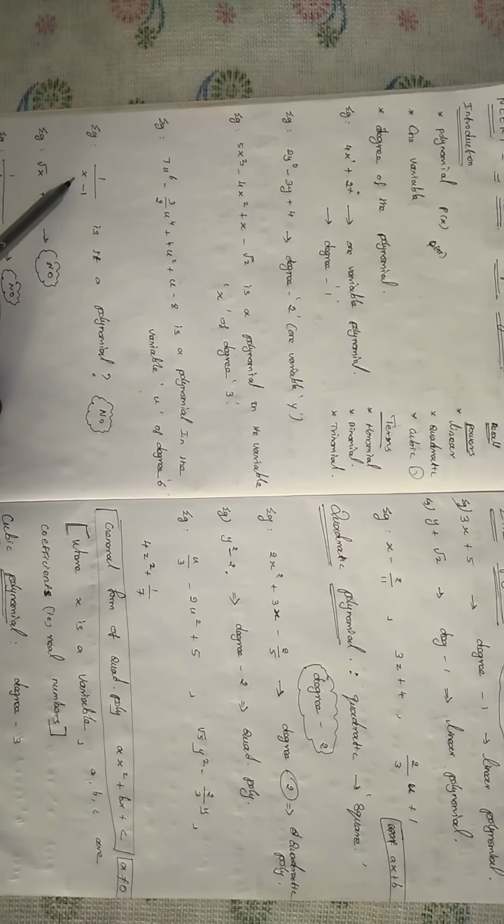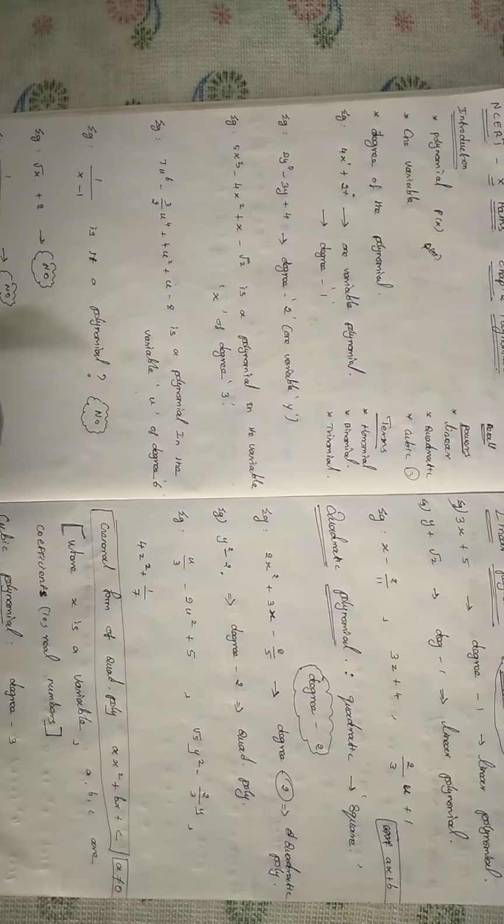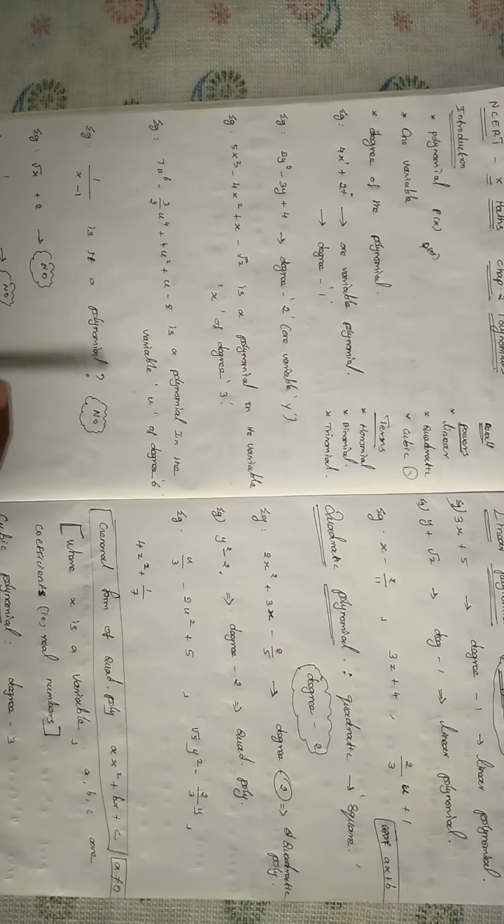Next. Now, 1 by x minus 1, is it a polynomial or not? It's not a polynomial, because the necessary condition for a polynomial is that the variable should not be in a denominator, as well as the variable should not be in a square root, right?